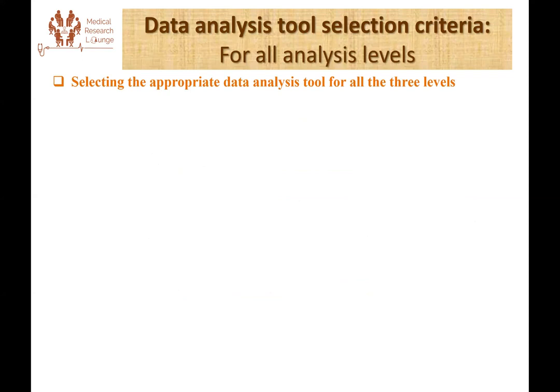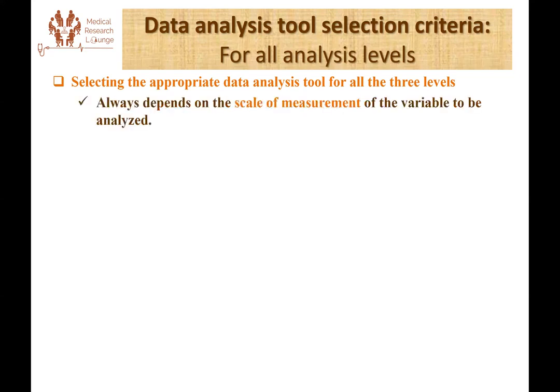So when we select an appropriate statistical tool for any of the three levels, whether descriptive, comparative, or regression analysis, the most important thing is understanding the scale of measurement of the variable that we are analyzing. If I have, for example, age, and if I want to describe age, first I have to understand the scale of measurement of age so that I can describe age.